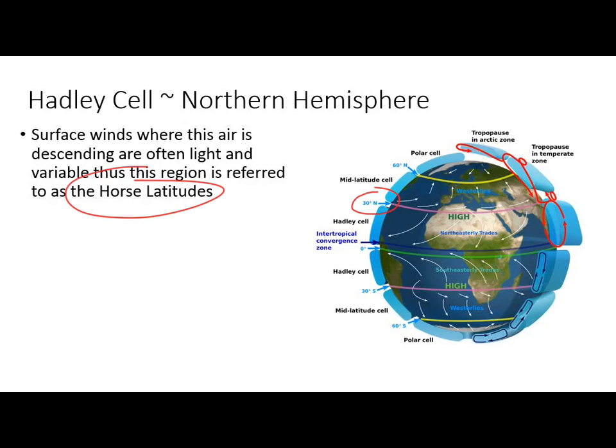So these light variable winds are called the horse latitudes because sailors had to kind of bail on some of their cargo. This is where I kind of picture, if you were to go 30 degrees latitude, the horse latitudes, between the Hadley and the feral cell where that air is descending, would you find a bunch of horse skeletons in the water? I'm just saying. I think we should check this out.